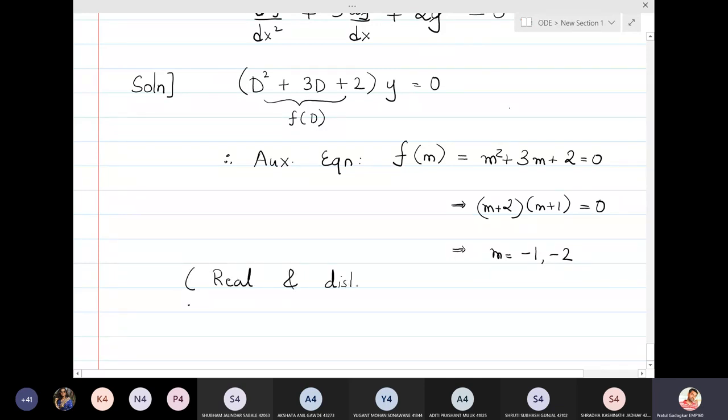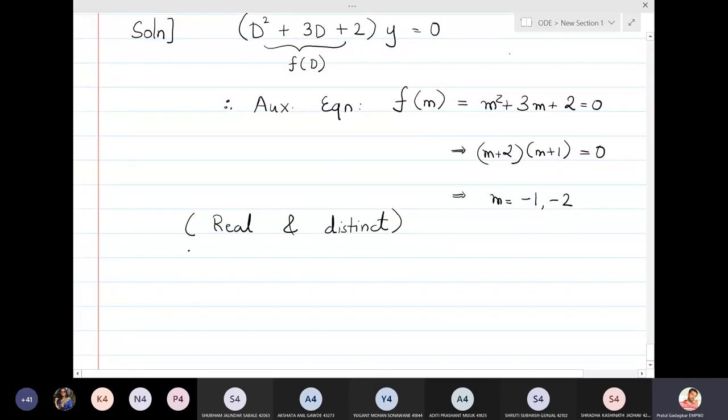We will start writing now what is the nature of the roots so that my solution will accordingly change. Therefore, what is the general solution? The general solution is given by y equal to c1 e raised to m1x plus c2 e raised to m2x, where these are your mi's, i is 1 and 2.